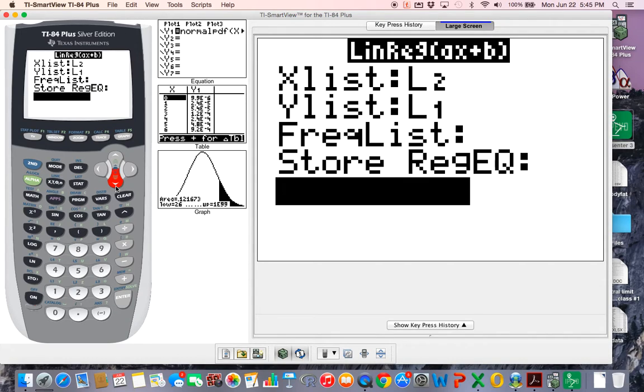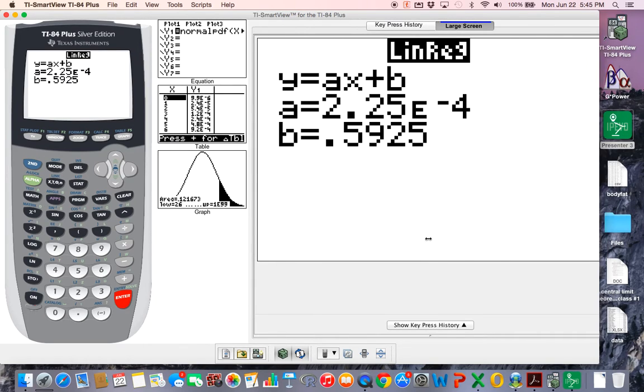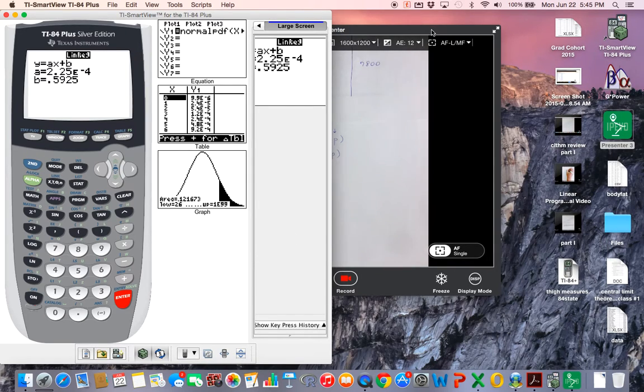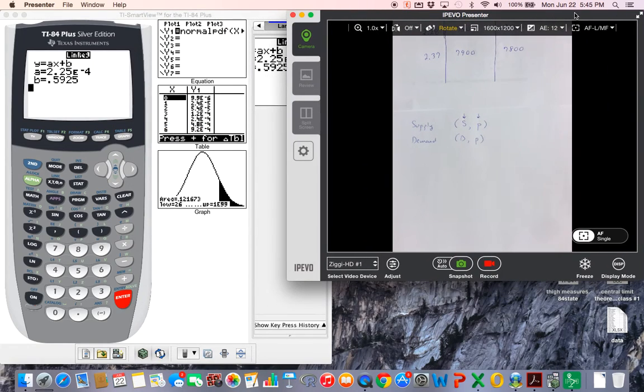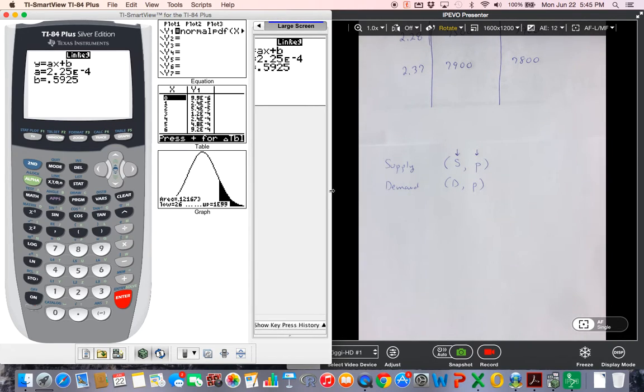So I hit calculate, and you will see that I get these values. I'm going to try to do a split screen here because I think that's appropriate.